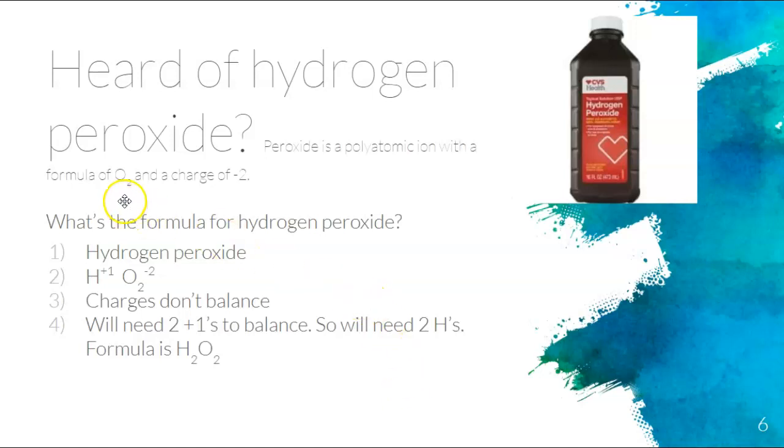Peroxide, I told you right here, is O2, and it has a charge of -2. Notice my charges don't balance. I've got a +1 and a -2, so that's not going to work. I'm going to need 2 +1s, so 2 hydrogens to balance out this peroxide. To write that formula, I need H2 because of my 2 hydrogens, and then peroxide comes next, which is O2. So hydrogen peroxide's formula is H2O2.